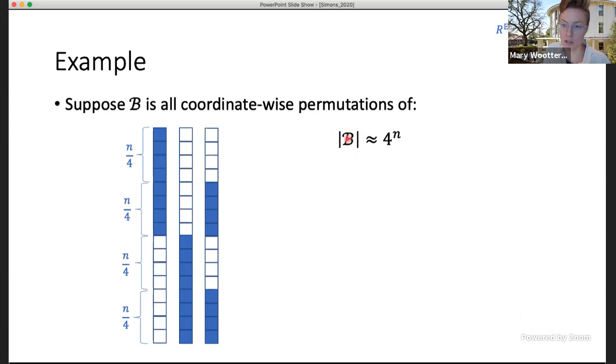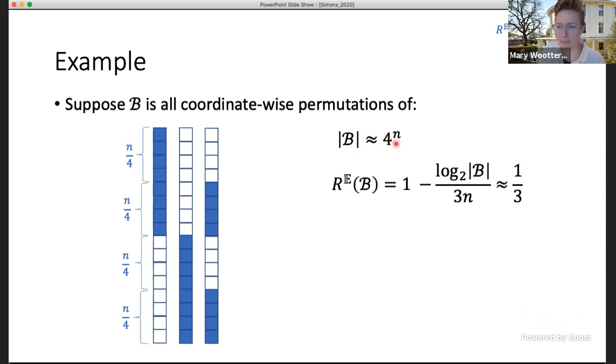So the size of curly B, well, it's about 4 to the n. Roughly, there are 4 possible choices for each row here, and I get to pick n of them. It's not exactly right because they all have to be exactly n over 4, but close enough. So curly B has about 4 to the n things in it.